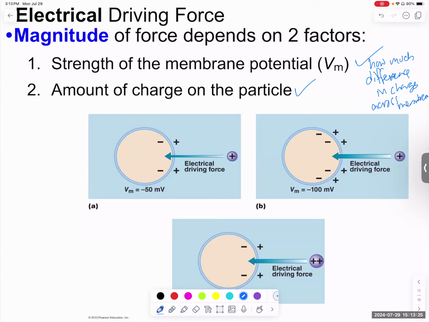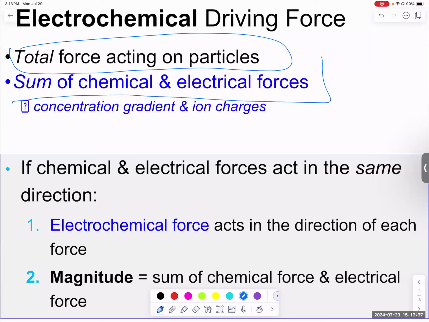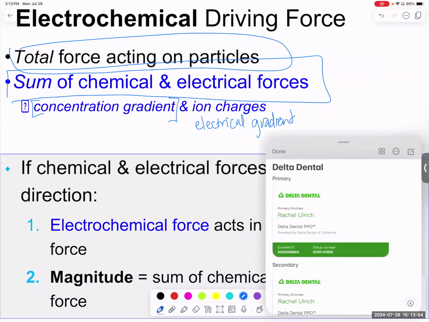Is it calcium with 2 more protons, or sodium with 1 proton, or potassium with 1 proton? The electrochemical driving force is the total force acting on particles. That is the sum of the chemical and electrical forces. So we are taking into effect the concentration gradient and the electrical gradient, both of those together.